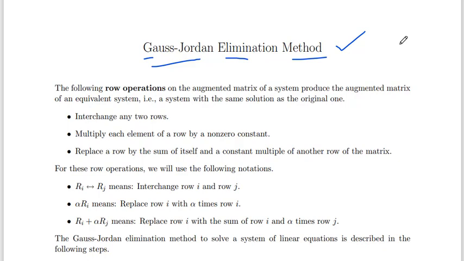So if you want to solve linear equations, there are two methods: Gaussian elimination and Gauss-Jordan elimination. We already talked about Gaussian elimination, and also Gaussian elimination with partial pivoting. Now in today's lecture we will discuss the Gauss-Jordan elimination method.